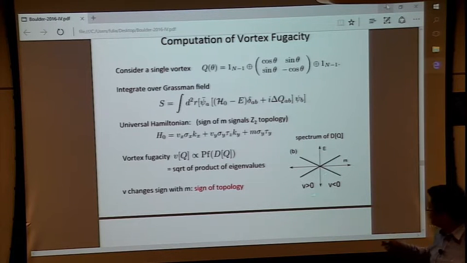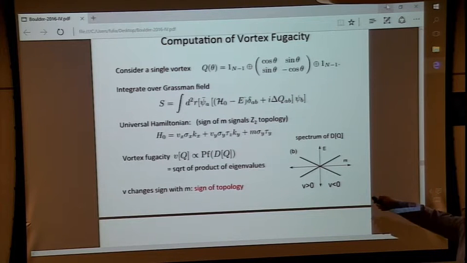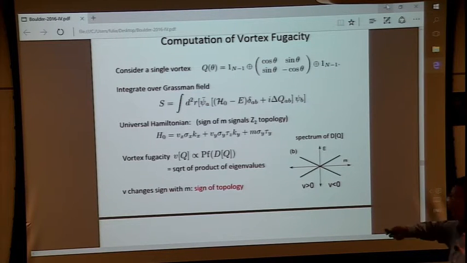This spectral flow as a function of M. What's the claim? You take Q that has that vortex configuration, and you look at the kernel of this whole thing. You can think of this as a matrix in the spin and orbital space, also in replica space, and it's also spatially dependent.